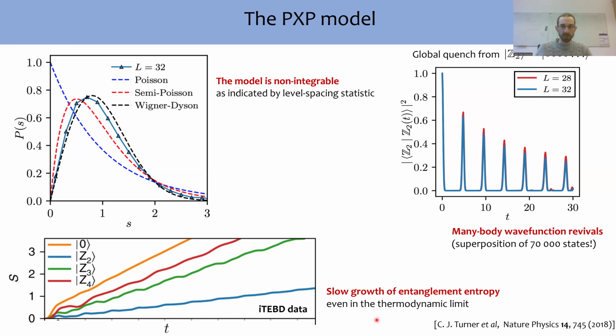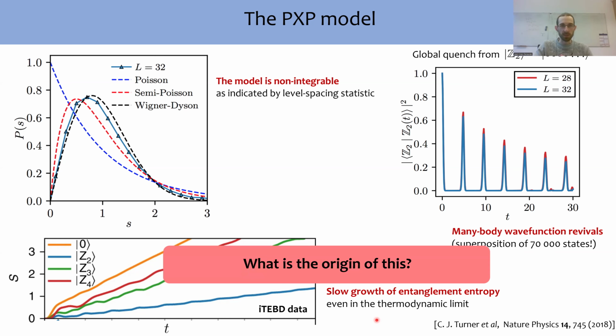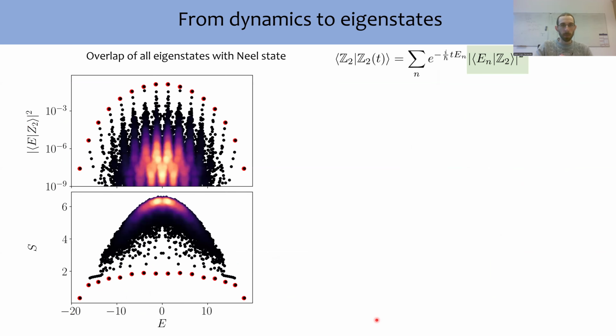And now that we've seen that the effect in the experiment is real, we can try to understand why this is the case. And as for the ETH, well, we want to understand dynamics, we go to the eigenstates. So now the eigenstates here, what matters is the overlap between the initial state and the eigenstate, right? And if we look at it, instead of some kind of cone or featureless blob, we now see these bands.